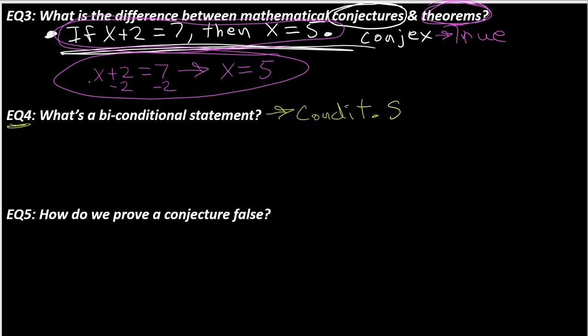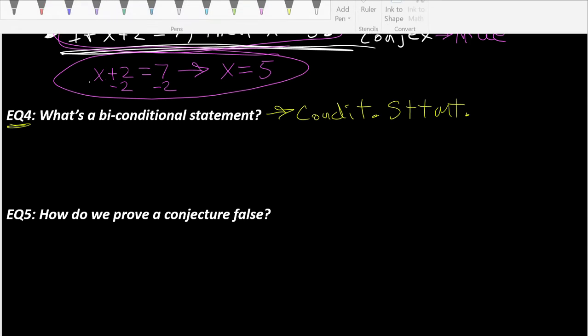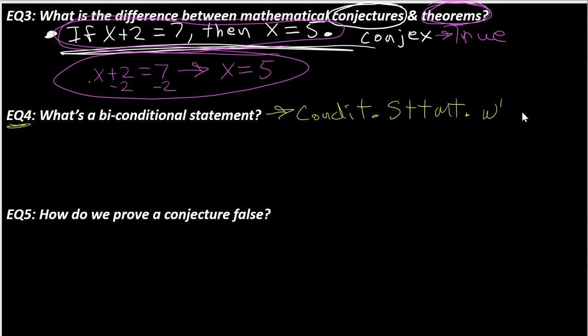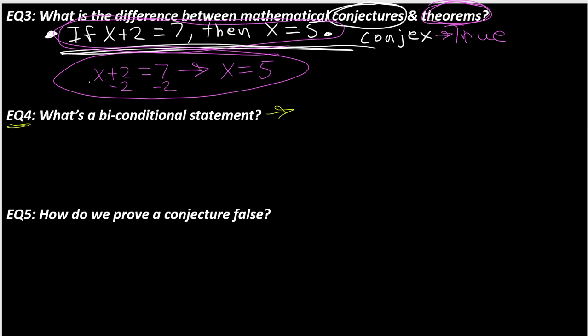Okay, so what is a biconditional statement? It's a conditional statement whose, well, let's not say whose just yet. Well, okay, I know a simpler way to word this.